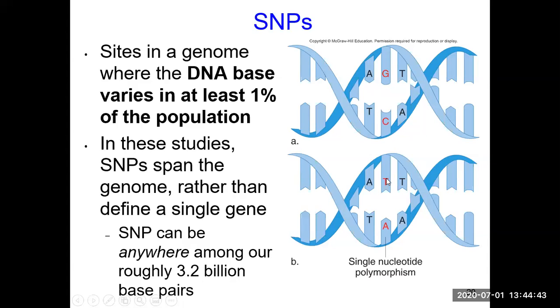If less than 1% of the population show the ATT, then it will not be considered a SNP. It will be called a random mutation. Okay, so 1% is the cutoff. That is the threshold. So we use SNPs to compare groups of population.